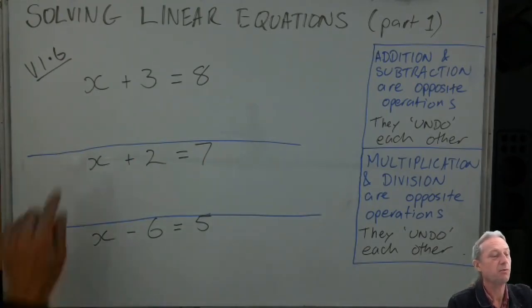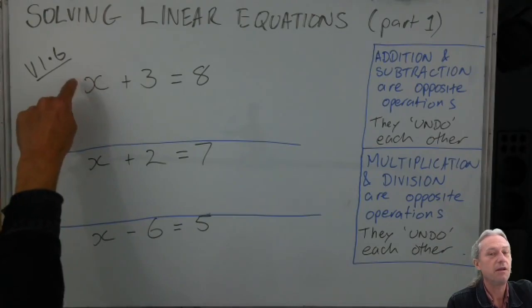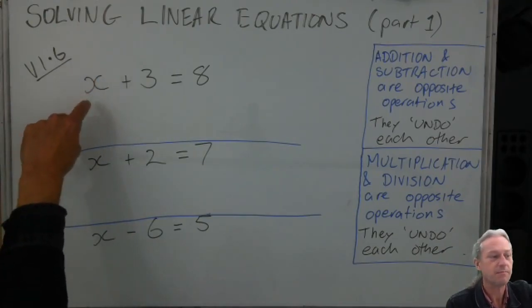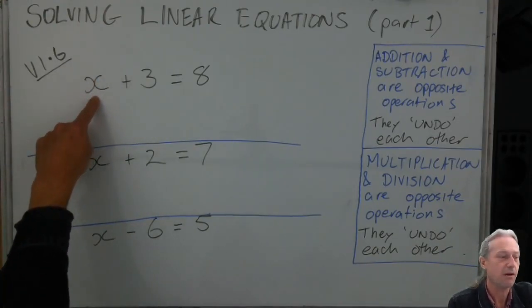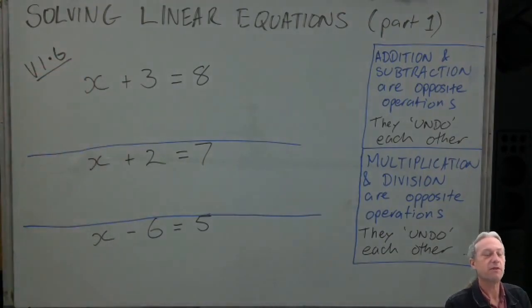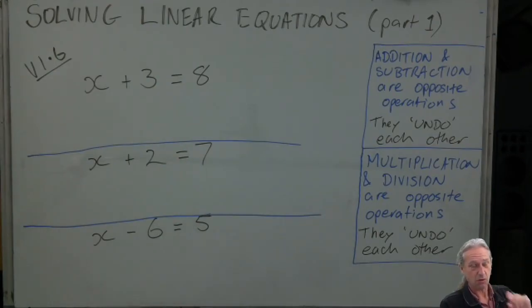Probably worth mentioning that when we have an unknown thing and we call it a letter to represent it, there's no number in front of it, that just means we've got one of them. If there's a number in front, then it's being multiplied, but we'll get to that.